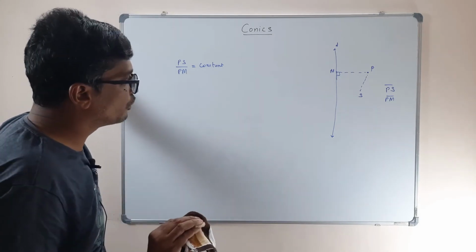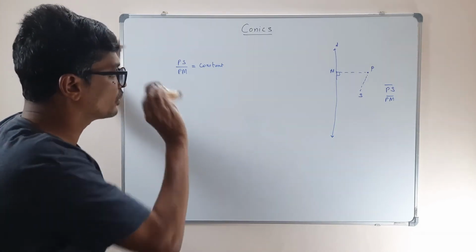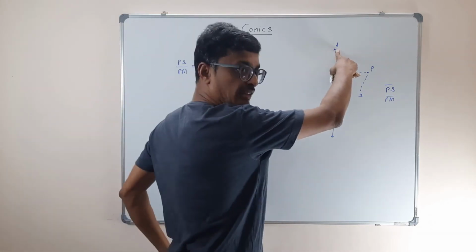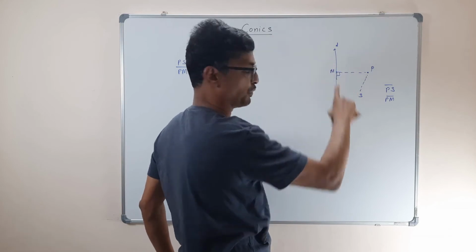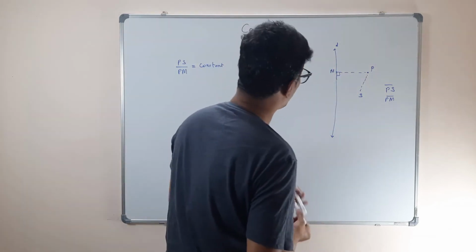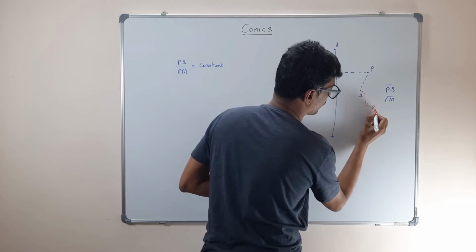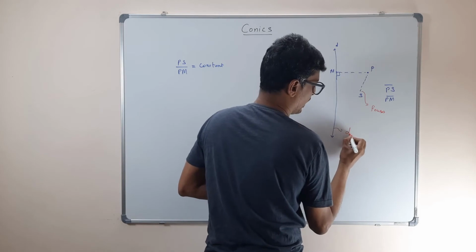So what are the quantities required for finding the equation of the locus of conics? First, a straight line and a point. These two are required. Then this point S is called your focus, and the straight line is called your directrix.